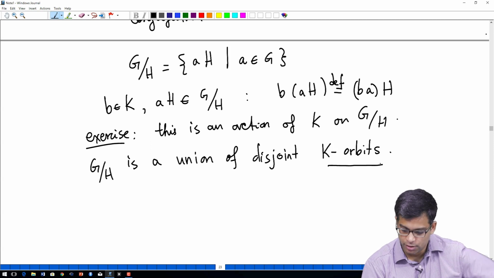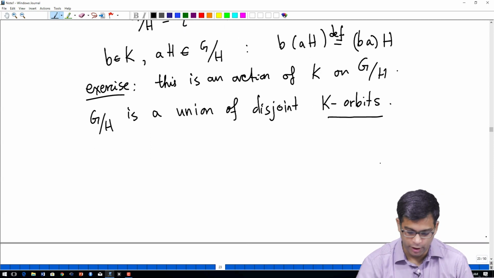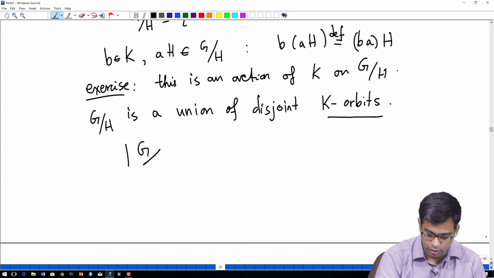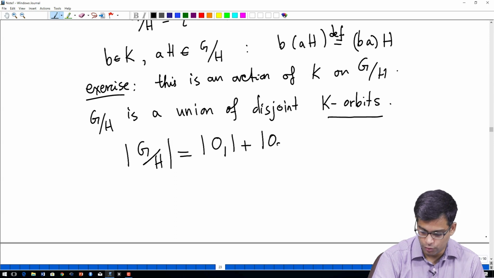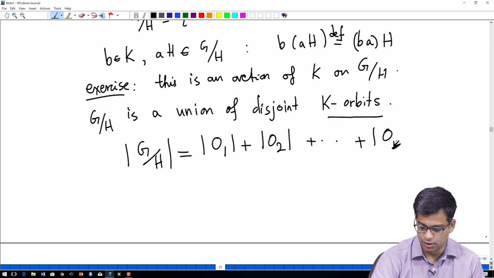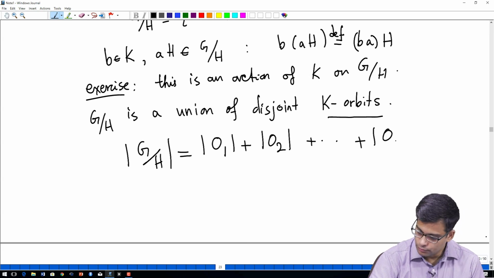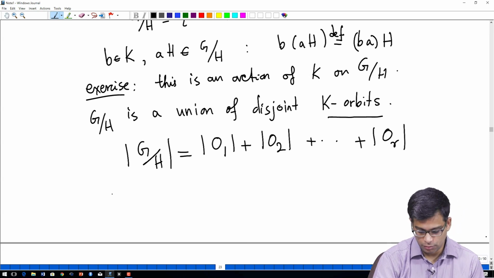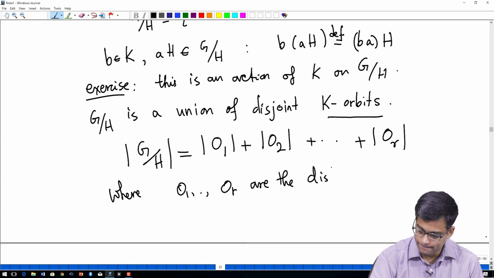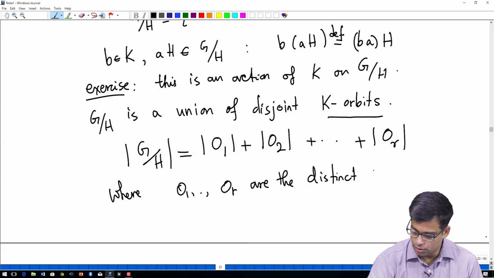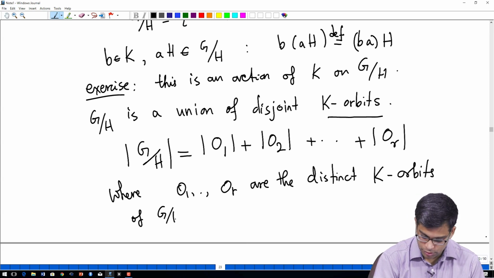So, G mod H is a union of disjoint K orbits. That means we can write the order of G mod H as order of O1 plus order of O2 plus up to order of OR, where O1 to OR are the distinct K orbits of G mod H.